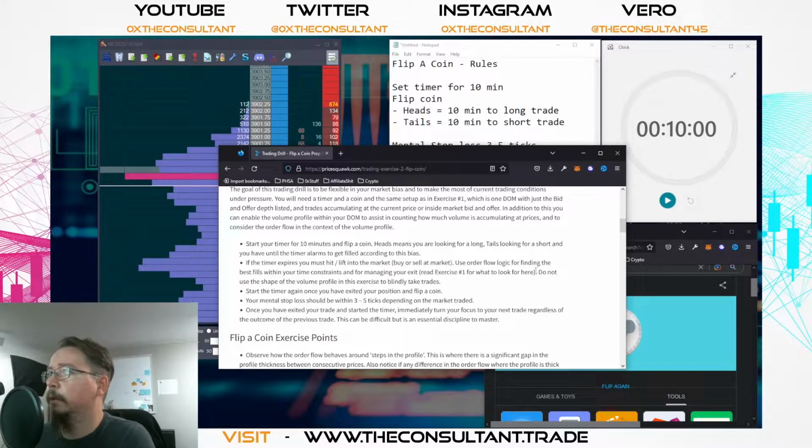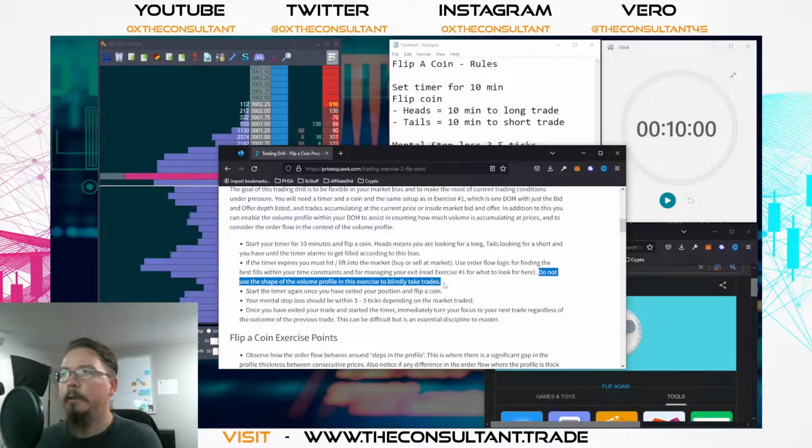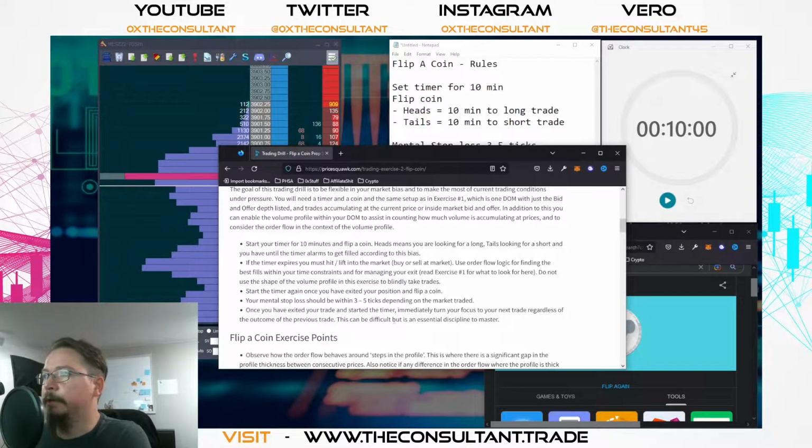So use the order flow logic for finding best fills within your time constraints, managing your exit. Okay. This is also important. We'll get to this part in a second. Do not use the shape of the volume profile in this exercise to blindly take trades. So, start the timer once again once you've exited the position and flip the coin.